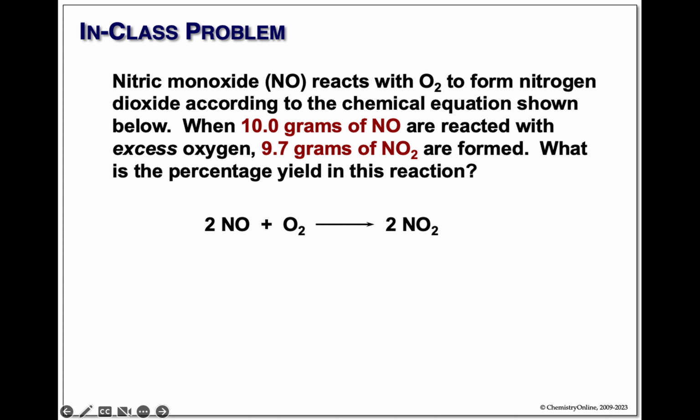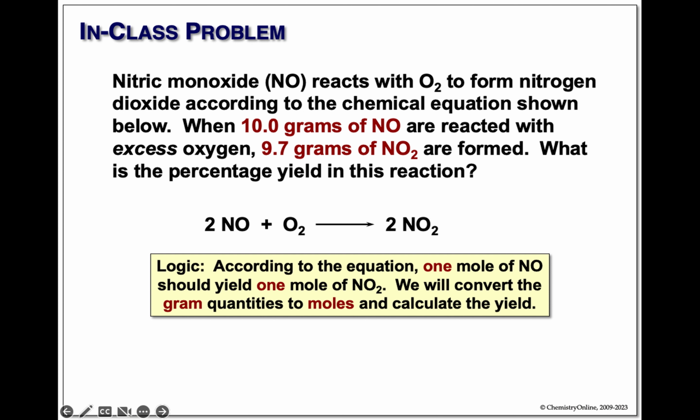Well, this is mass, right? We want to calculate a theoretical yield, calculate an actual yield, and take the ratio. 1 mole of NO yields 1 mole of NO2.